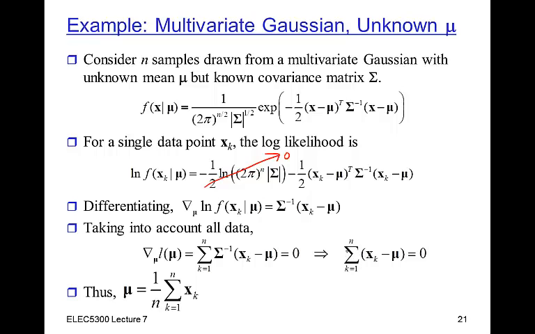When I sum this out, I get the sum from k equals 1 to n of xk minus n mu, equal to 0. I just apply the sum here and here separately. And when I solve that, I just get this. So that's exactly the same answer we got before.